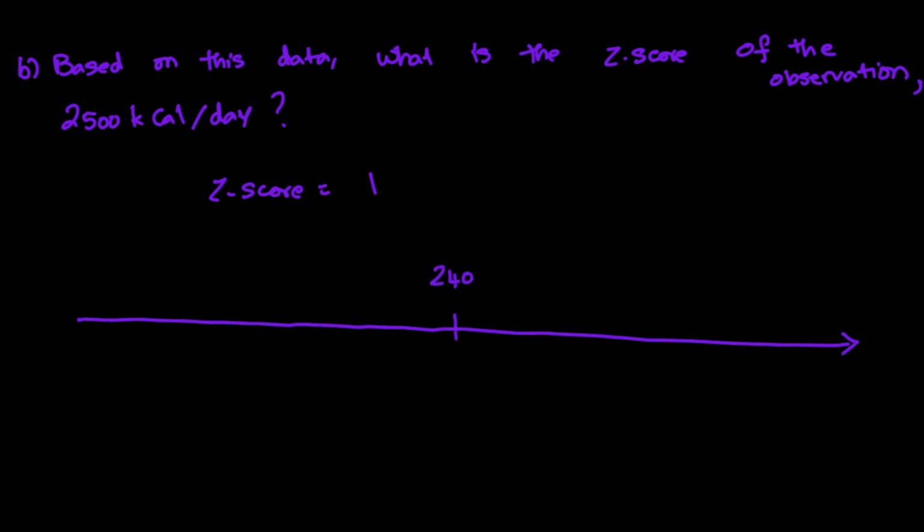2400 calories over here, and 1 standard deviation to the left would be 2300 calories. 2 standard deviations to the left would be 2200 calories, and 3 standard deviations would bring you to 2100 calories, and 1 standard deviation to the right would be 2500, 2600, and lastly 2700 kilocalories per day.